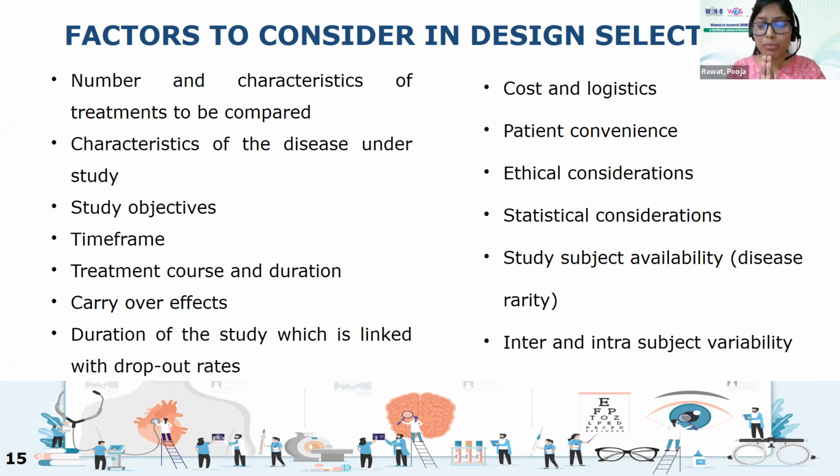However, the primary objective never changes, like safety and efficacy remain the primary objective. The secondary objective will be as per what you are looking for, right? And depending upon the objective, the primary and secondary endpoints change.